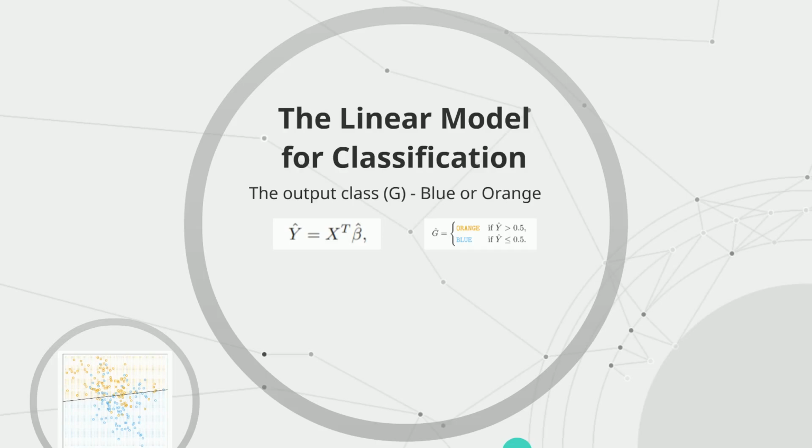We're going to have a linear regression model to fit this data, where y is coded as 0 for blue and 1 for orange, and the fitted values of y hat are converted to a fitted class variable g hat according to the rule you see on the right. So we have two classes, orange and blue, and we want to fit them in the output class g as blue or orange. So let's take a look at the data.